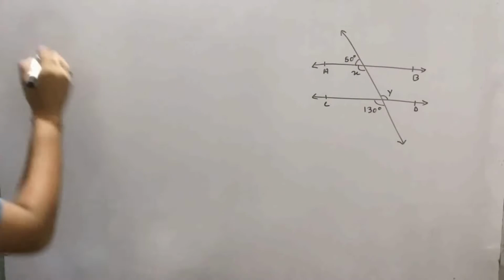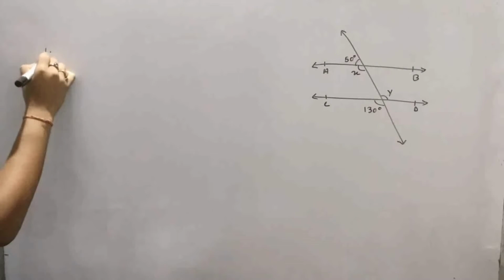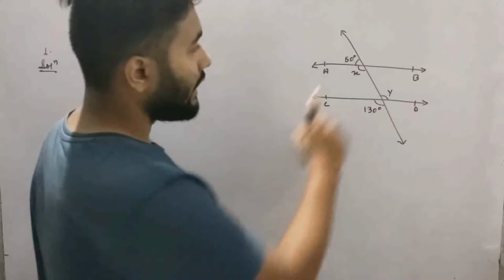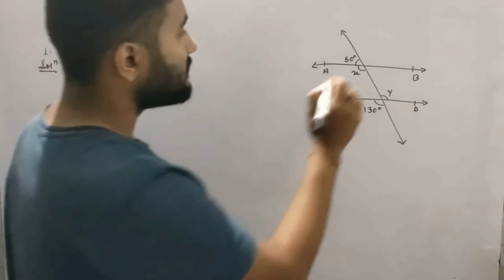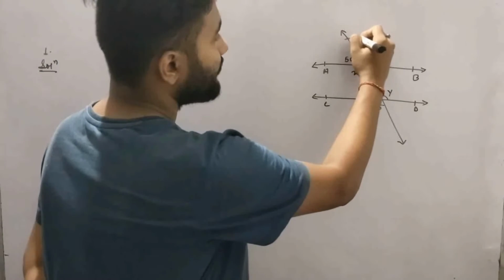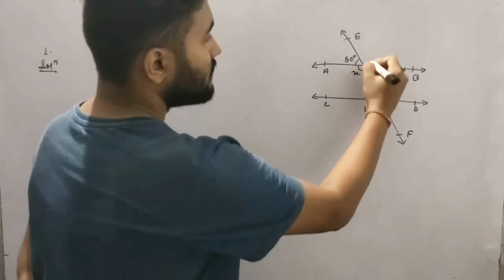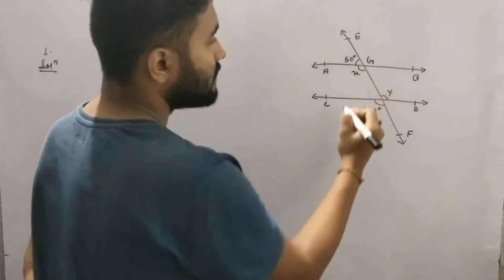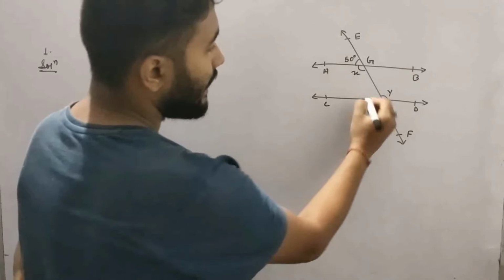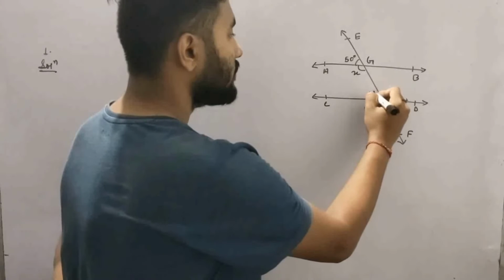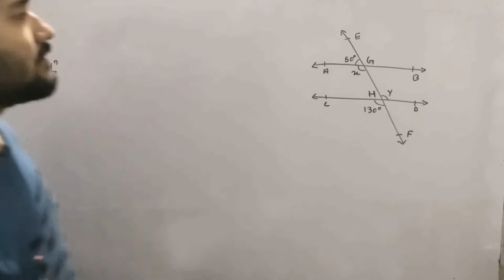So to write the given, say question number 1 solution, we have to give some points over here. A, B, C, D. Say this is E and this is F. So this point is G and this point is H. Any name you can give. Say A, B, C, D is given.